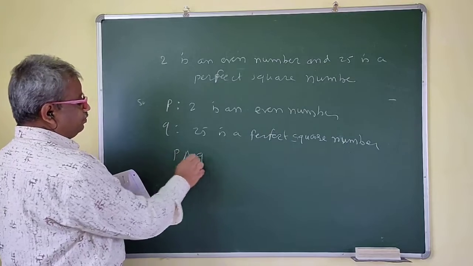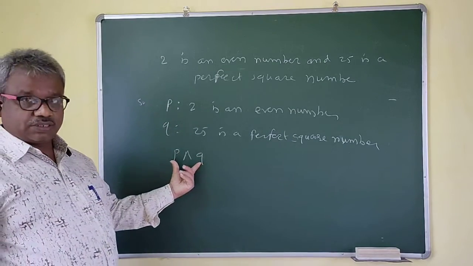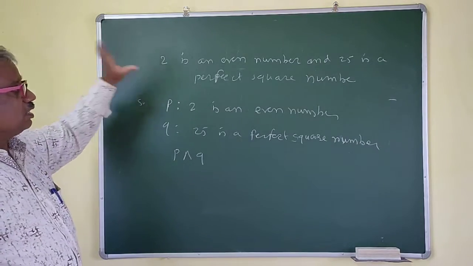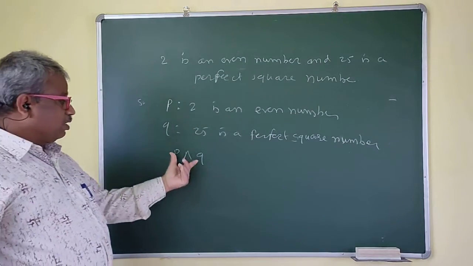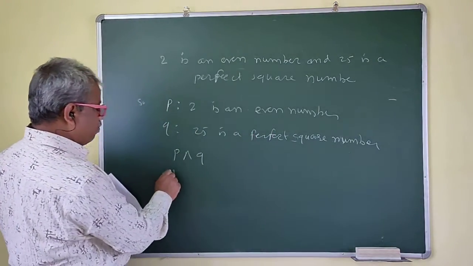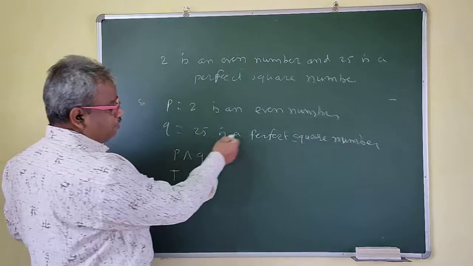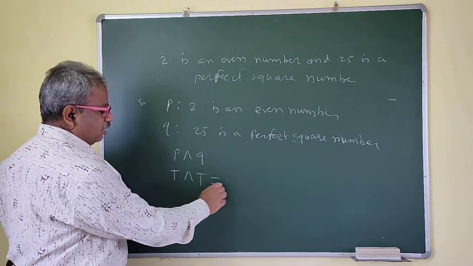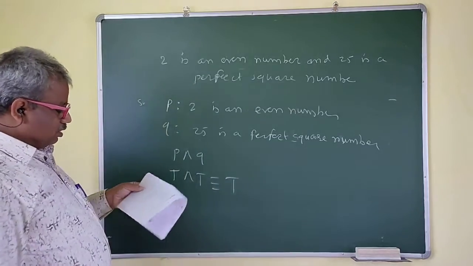P and Q. This is the symbolic representation of this verbal statement. Now the truth value of P, 2 is an even number, is true. And 25 is a perfect square number, this is also true. So T and T is what? T and T is T.